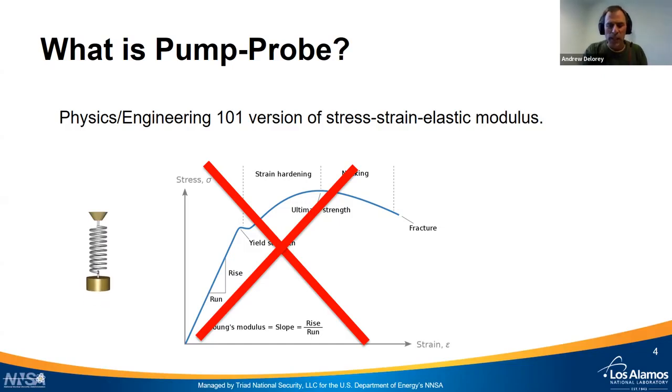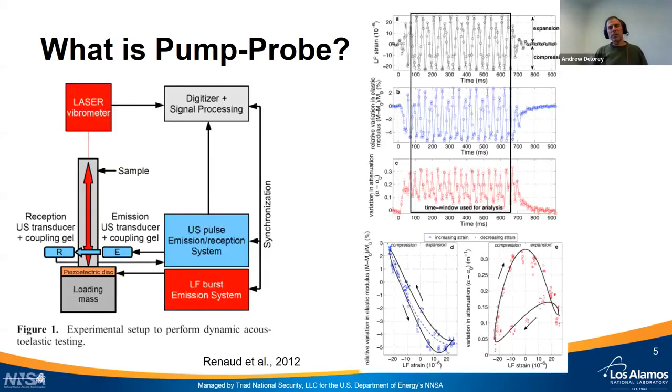Often we care about fluid-solid interactions and damage properties, all these kinds of things in rocks that we really can't model with this simple view of elasticity. So I'm going to give a description of what pump probe is, and then I'm going to get back into the physics and the mathematics that goes with it, but just to define it, since that was in the title of my talk.